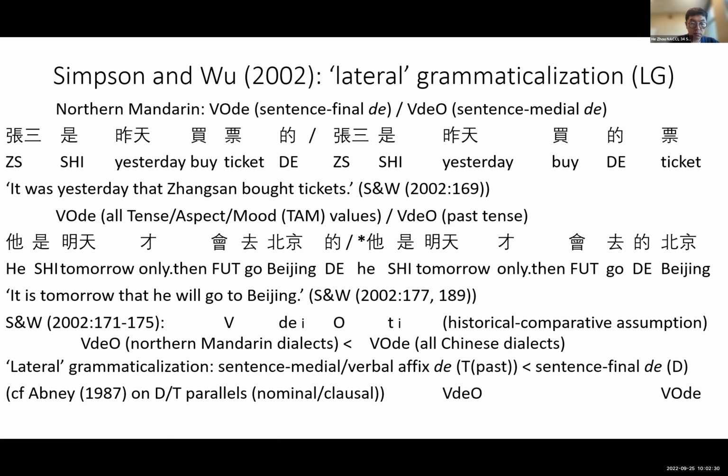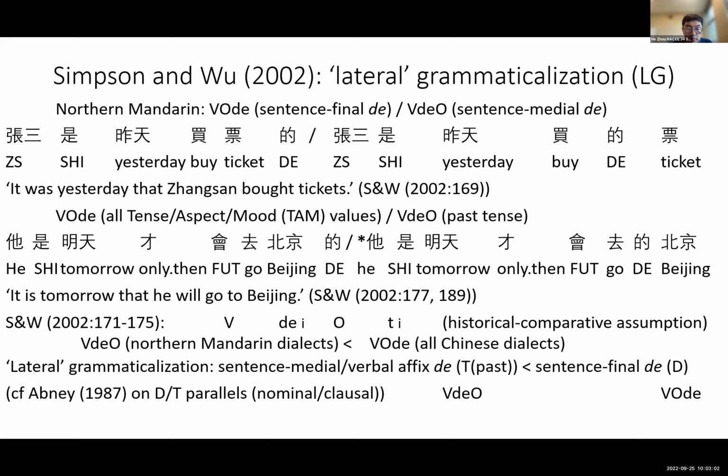They also argue from a formal perspective that this is a case of lateral grammaticalization: in sentence-final position, de is a nominal functor, a D element, whereas in sentence-medial position it is a verbal affix denoting past tense, analyzed as T. So they argue that the formation of Chinese clefts from VOD to VdeO is a case of lateral grammaticalization.